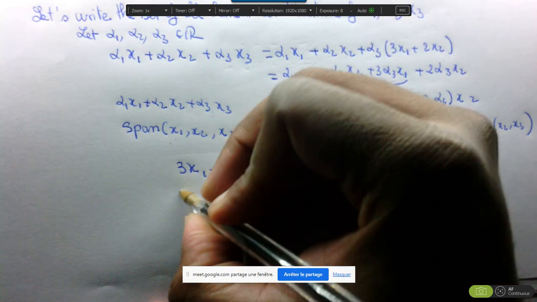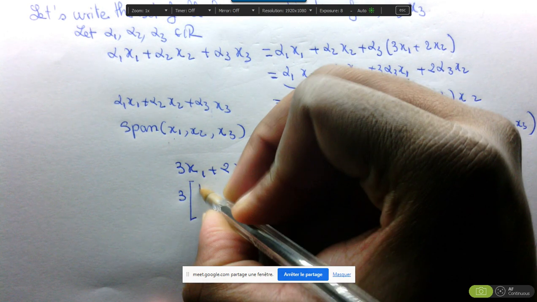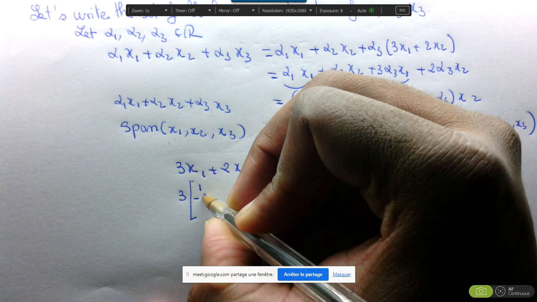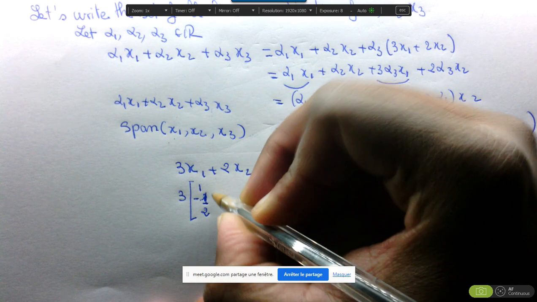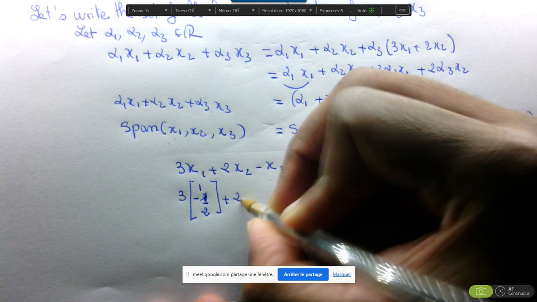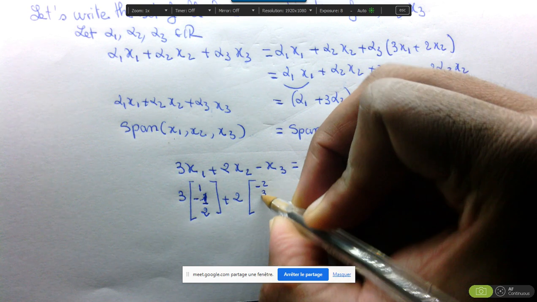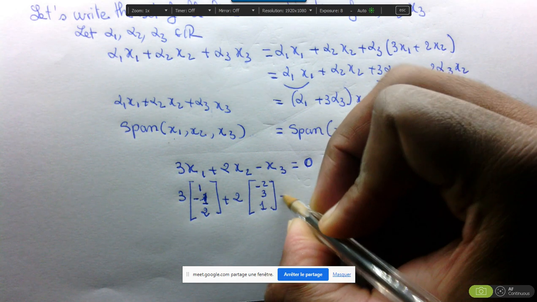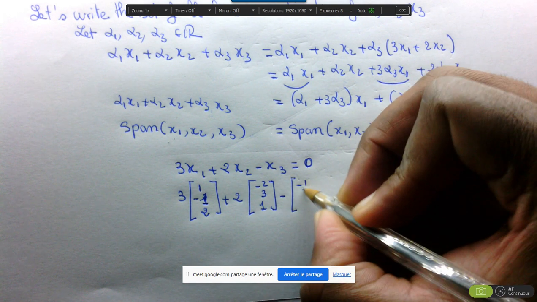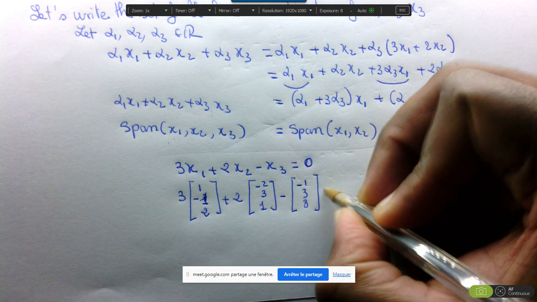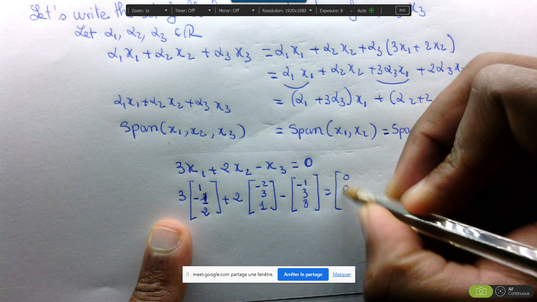In other words, 3 times x1 is this one, plus 2 times x2, minus x3. x3 is negative 1, 3, and 8. If I combine those three vectors, I get the 0 vector like this.